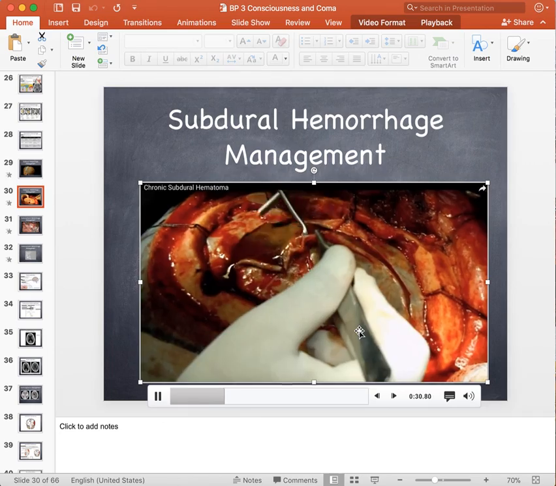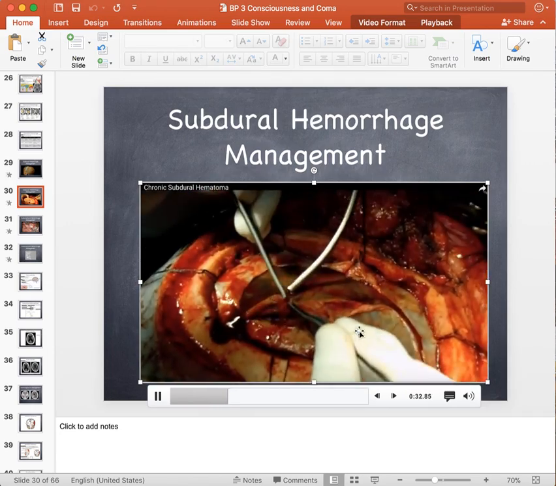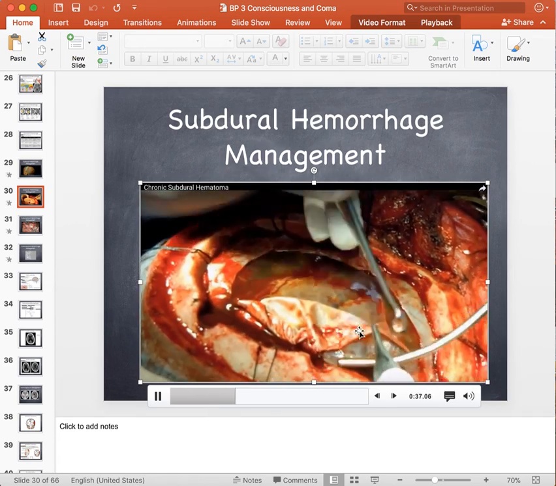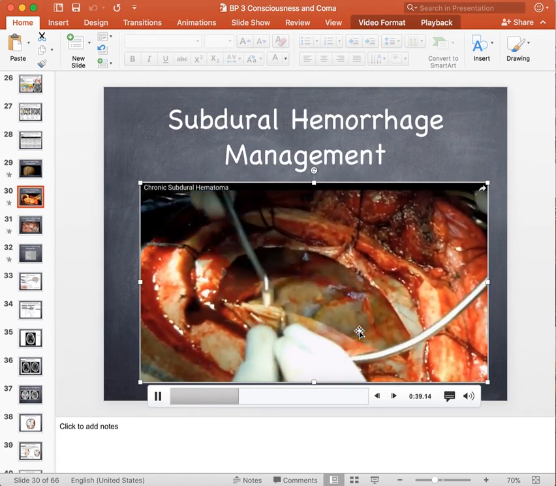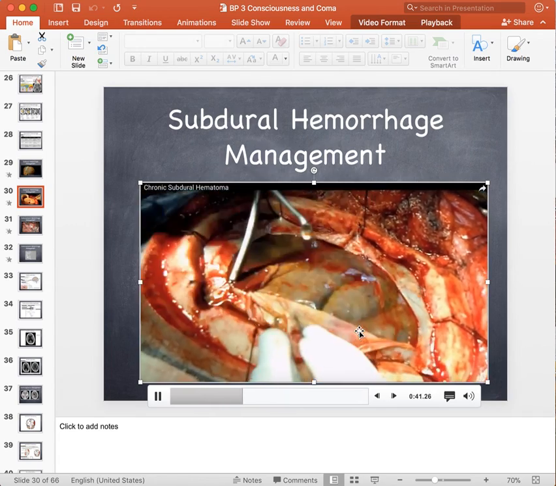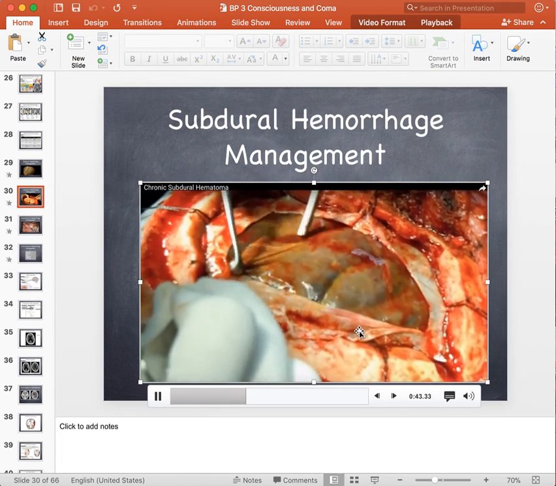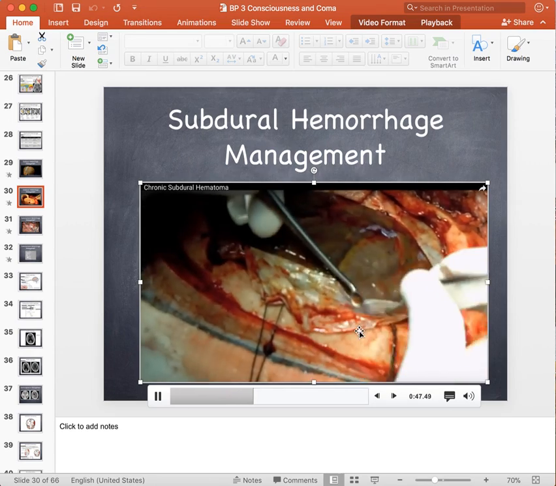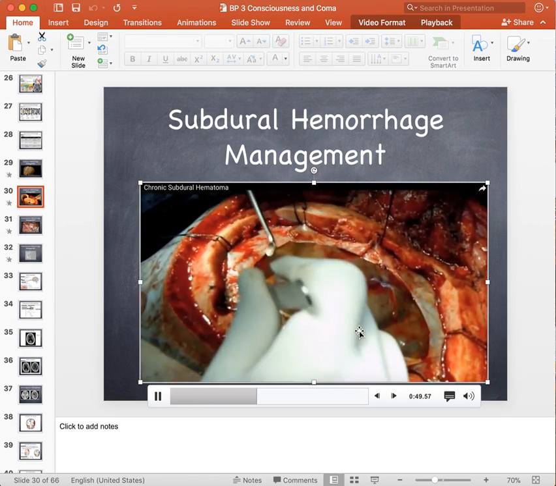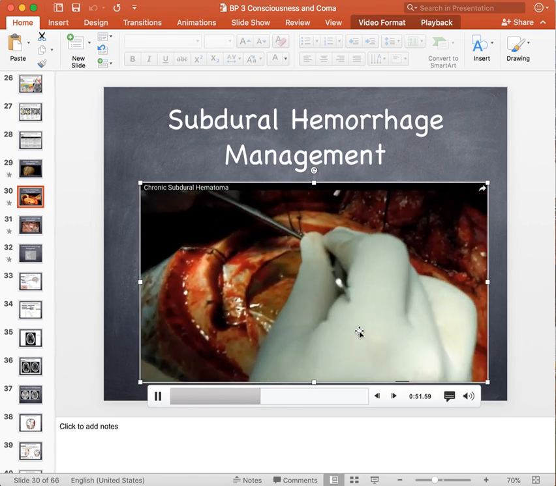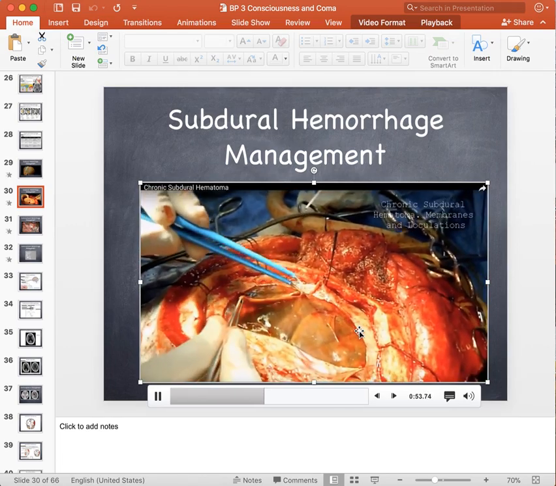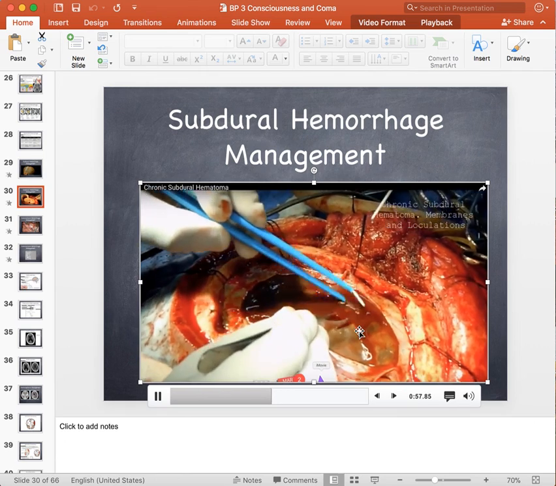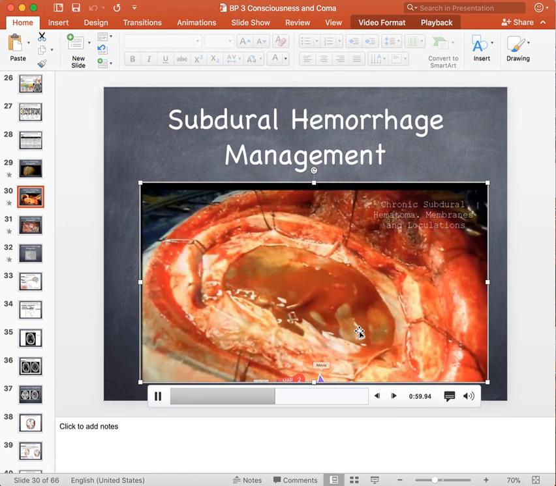So what you're looking at is the dura is coming back. That is the blood right there. And so they'll go ahead and either evacuate or suction that out. You can actually see that on a CT scan usually as well, that there's varying levels of brightness in the blood on a subdural because of the different ages of the blood.